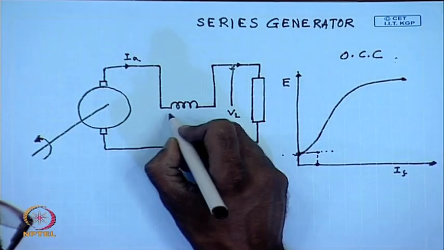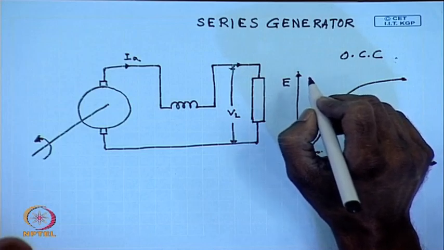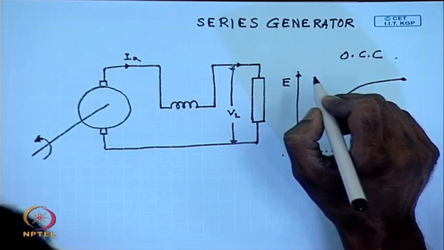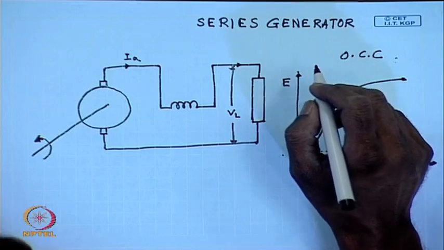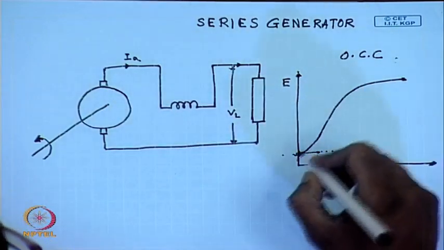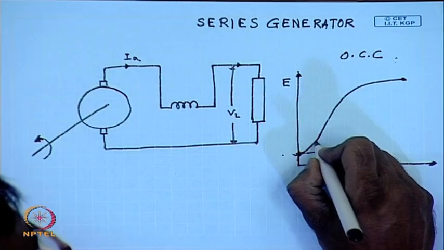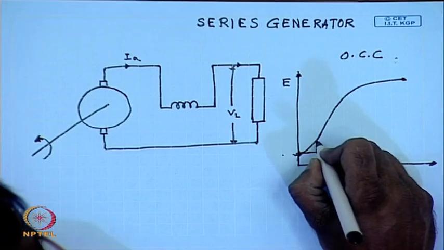However, as the current flows through the series field winding, the series field winding will produce additional flux, and if the polarity of the winding connection is such that the series field flux assists the residual flux, then the induced voltage will increase. This will send more current.